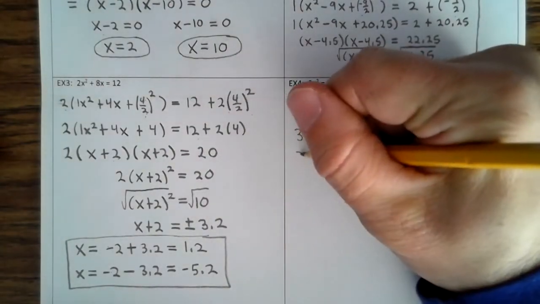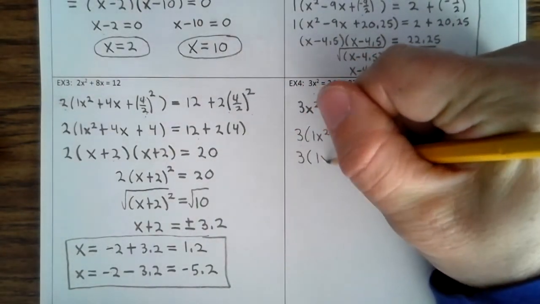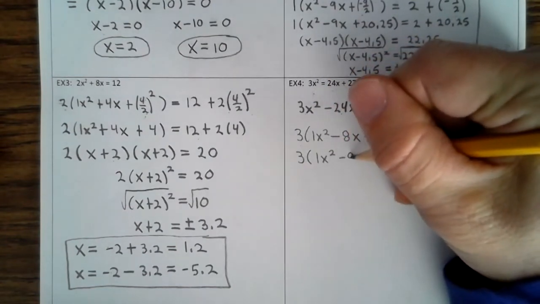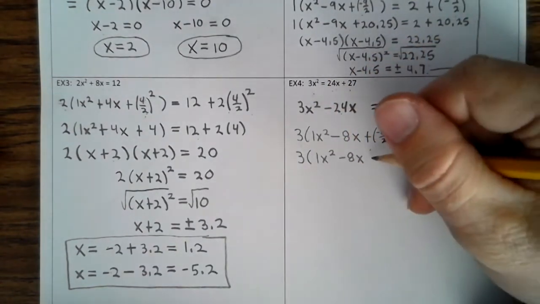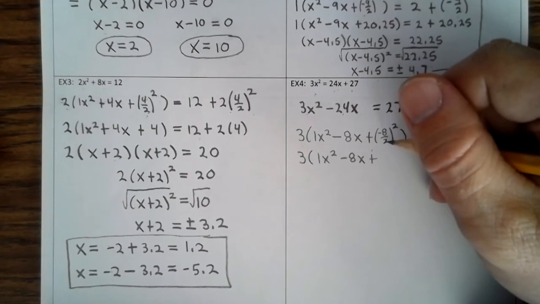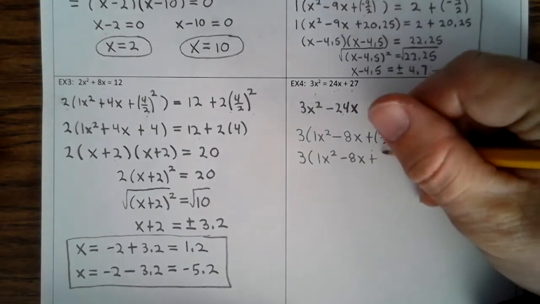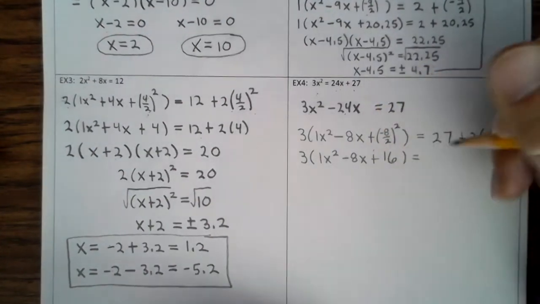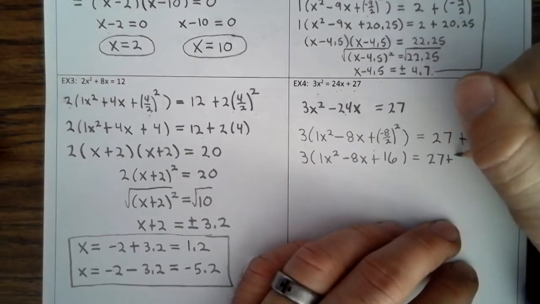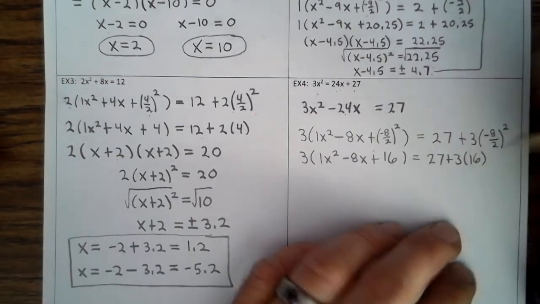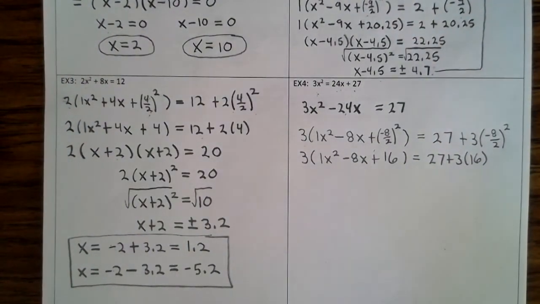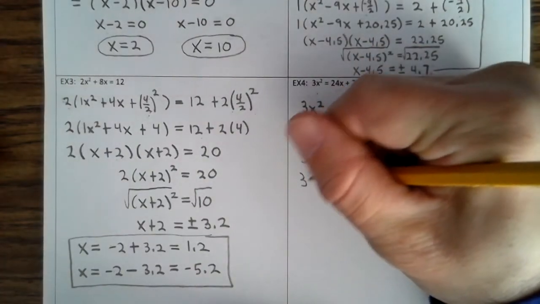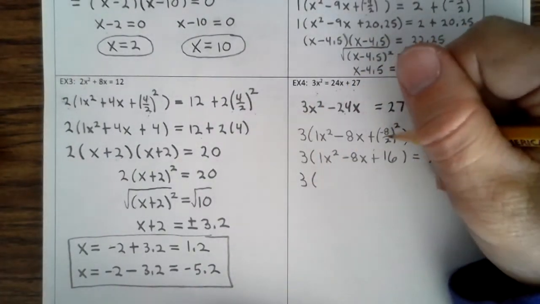So then that's 3, 1x squared minus 8x plus negative 8 divided by 2 is negative 4. Negative 4 squared is 16 equals 27 plus 3 times 16. And then that's 3. We know the factors because negative 8 divided by 2 is negative 4.